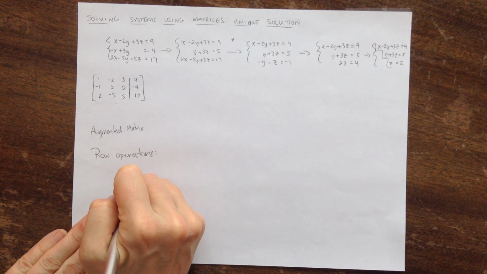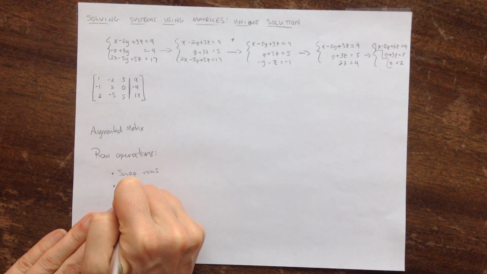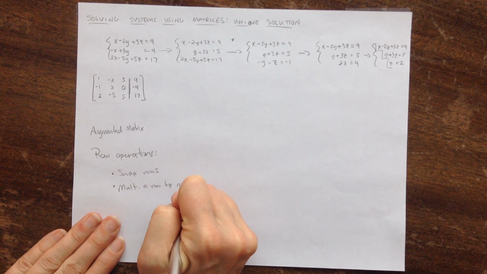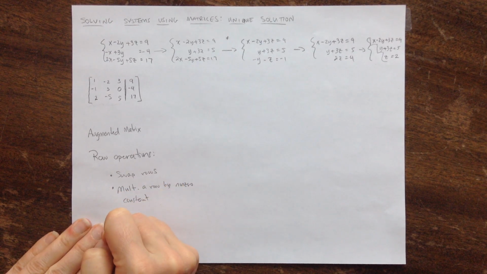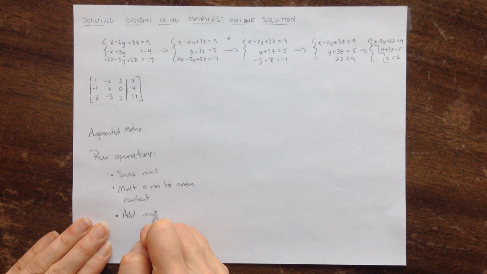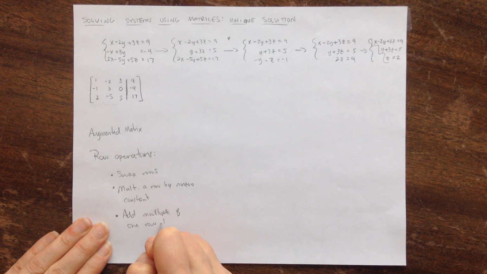You can swap rows, you can multiply a row by a non-zero constant, and the key one is you can add a multiple of one row to another.